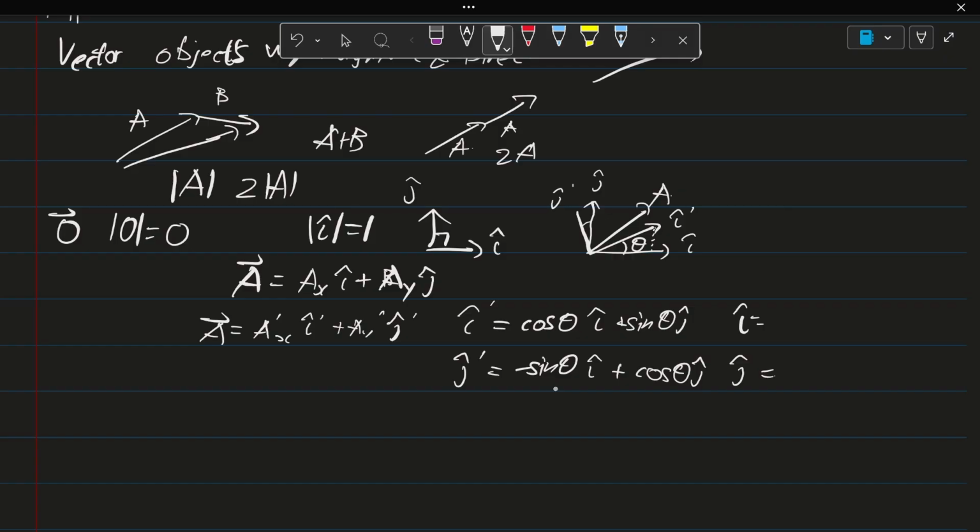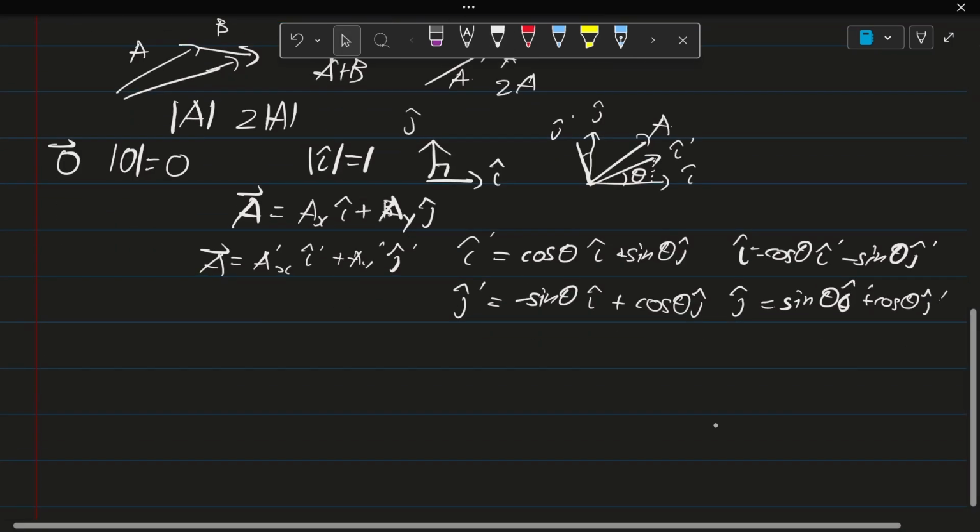The i hat is going to be cosine theta of the i hat prime minus sine theta of the j hat prime, and then this one is sine theta i hat prime plus cosine theta j hat prime.